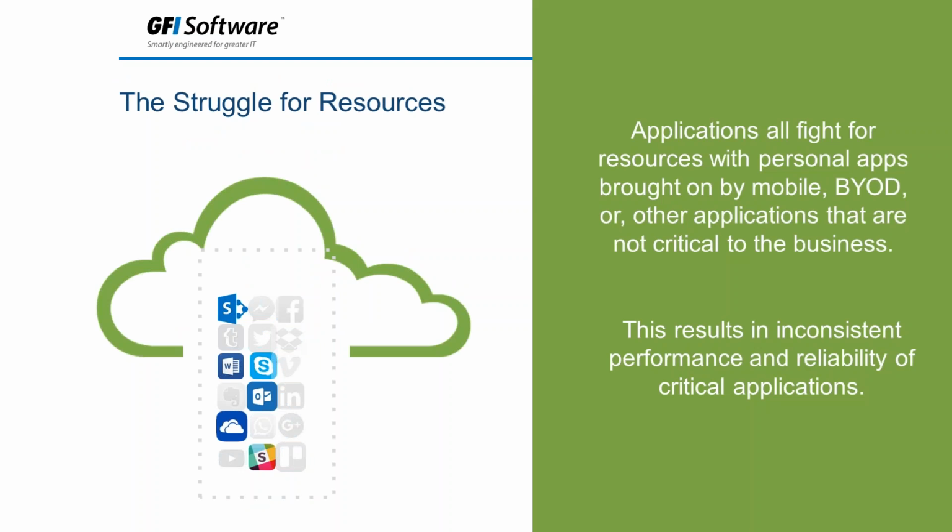And this all comes into play because what's happening on the network today is there's a struggle for resources. There's been a shift in the overall trend. Ten years ago, you had a standard network. All the resources were located on-prem. You had servers in relatively the same building.